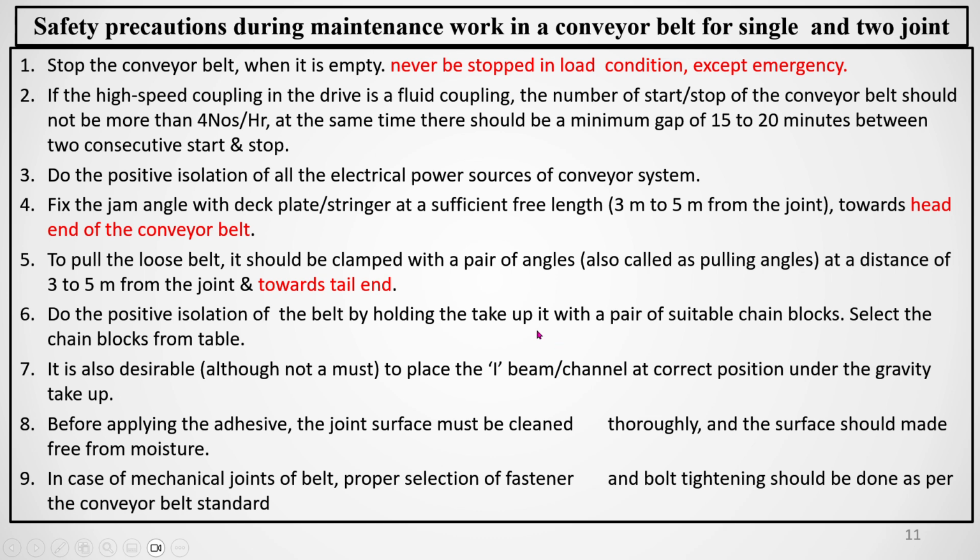So you have to pull and hold the gravity pulley so that it does not move down once you are going to repair the belt. Otherwise, if you don't tighten both ends and the gravity pulley is still in position, it can fall down. You have to lift the gravity weight so that it should not fall down.